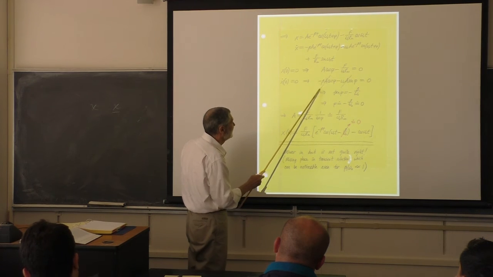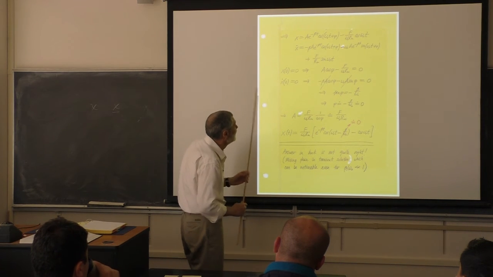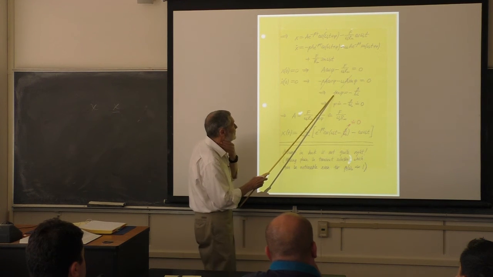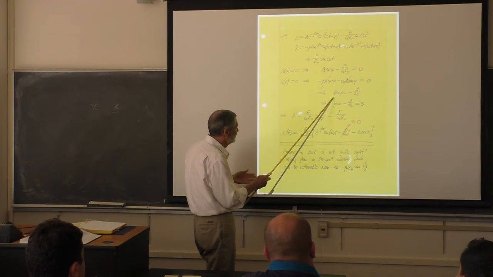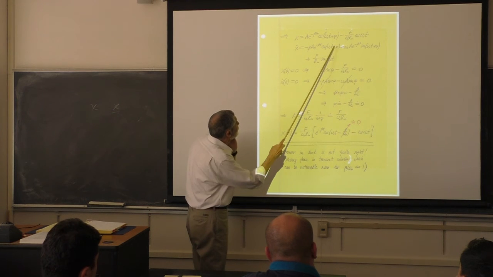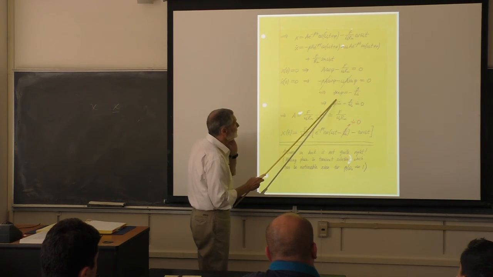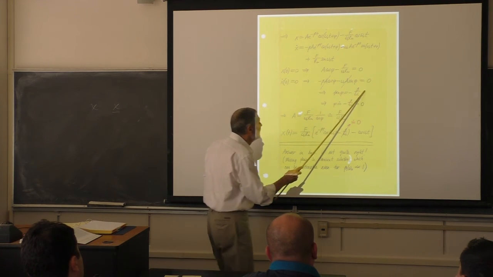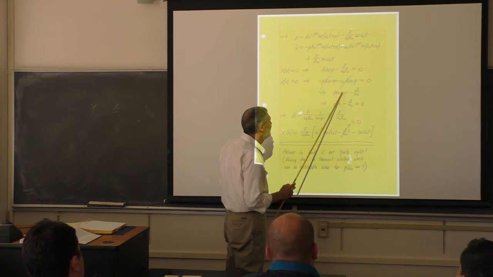I can cancel a, because a is not equal to 0. And so from here I get the tangent. We've seen this similarly before. The tangent of phi, this phase angle in the transient solution, is minus beta over omega naught. That's approximately equal to 0, which means phi will be 0.